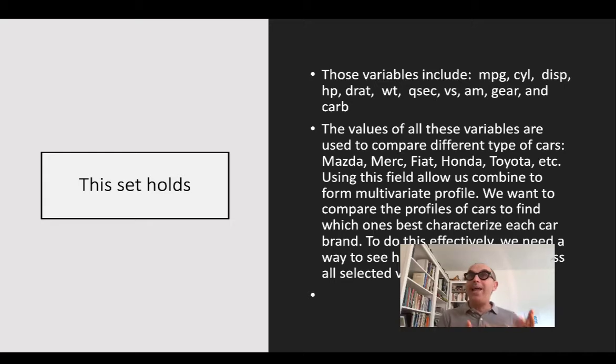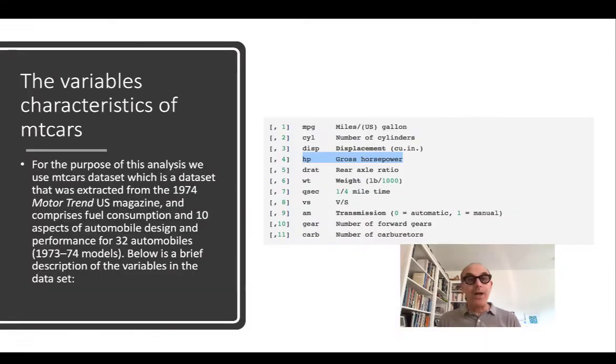Each one of them plays an important part. The values of those variables are used to compare different types of cars, for example Mazda versus Fiat versus Honda versus Toyota. It allows us to do this more efficiently. We need to show how cars compare across all variables at once.